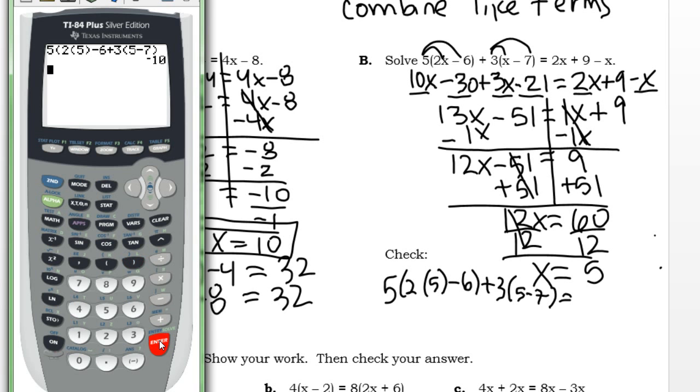Gave me negative 10 for my first equation. And I'll just type it out and I'll write it afterward. For my second equation, 2 times 5 plus 9 minus 5. Hopefully we see that's not right. 2 times 5 plus 9 minus 5. Negative 10? Ooh.